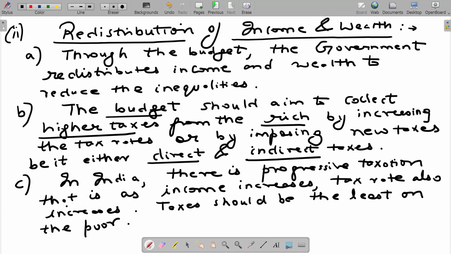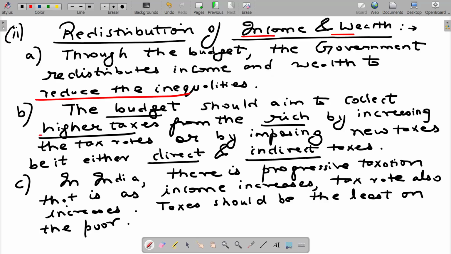Okay, so revising these 3 points first before I move on to the fourth point. The objective of the budget is to redistribute income and wealth. One objective of the government is to reduce the inequalities. The government redistributes income and wealth to reduce the inequalities. How does the government do that?